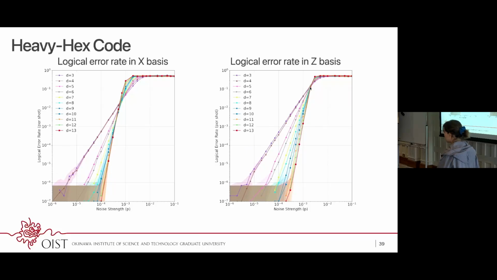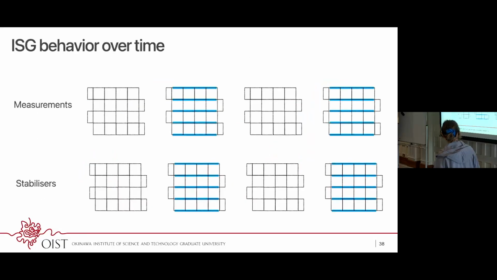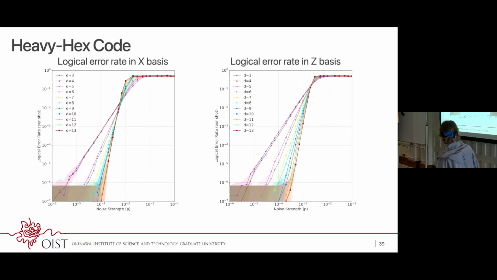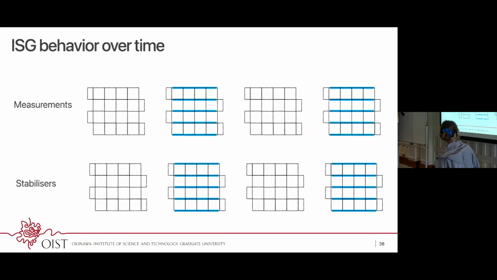But are they equivalent to surface code? No, actually, the first one is not equivalent to surface code, and the second one is. Here, only the stabilizer patterns in the Z basis show patterns similar to the surface code, but this one doesn't really.